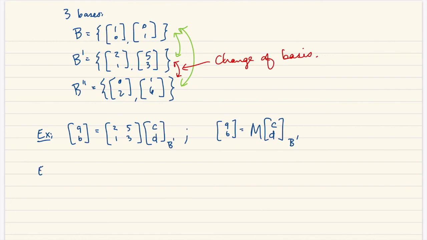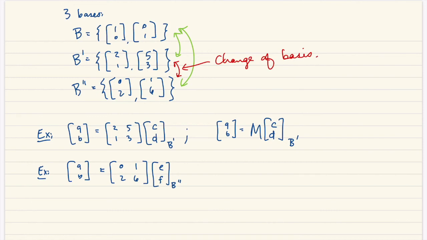And likewise, we had our other basis, 0, 2, 1, 6. That was our matrix, with the vectors 0, 2 and 1, 6 as our columns. And what I want to do is write this as E and F relative to the basis B double prime.